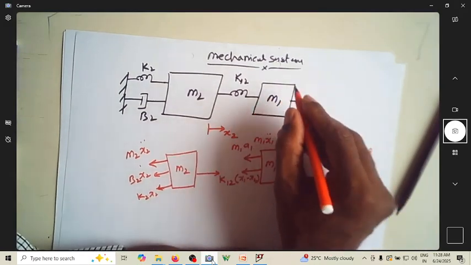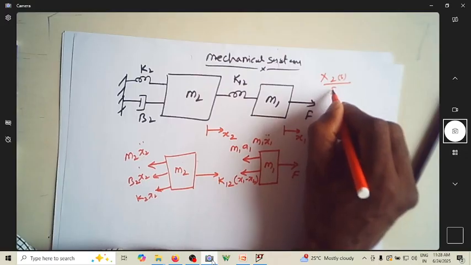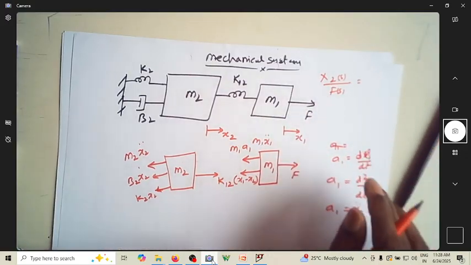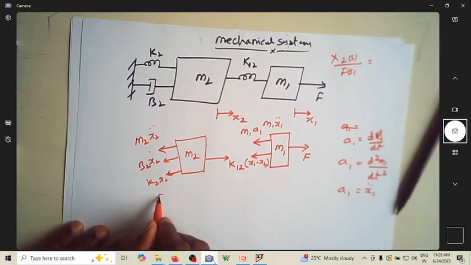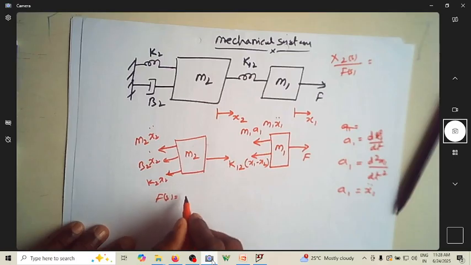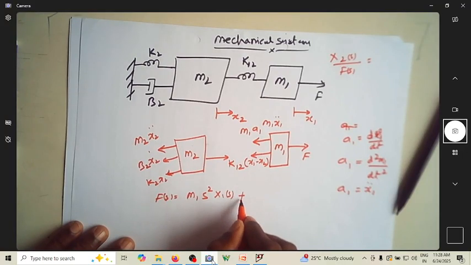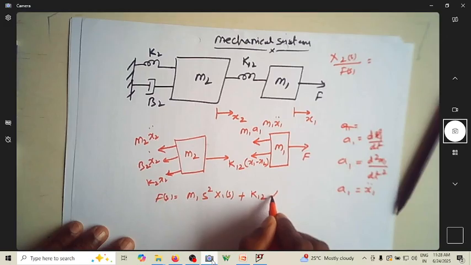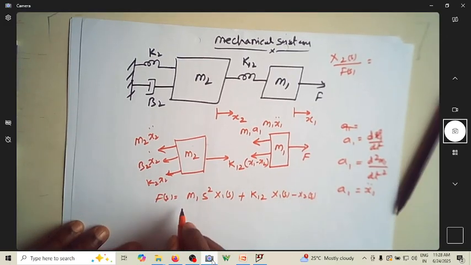We are asked to find x2 of s by F of s. This is the transfer function we are asked to find. So let us write F of s equal to m1 s square x1 of s plus k12 times x1 of s minus x2 of s.